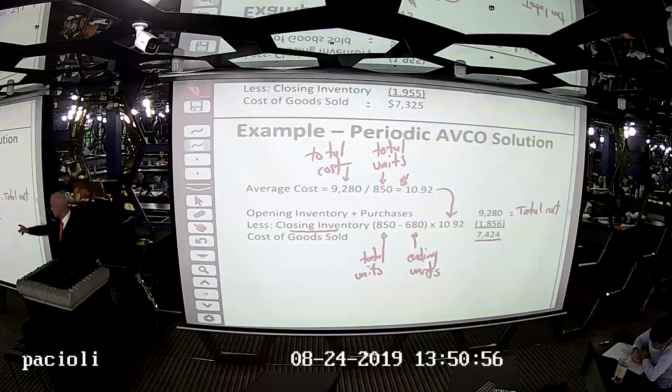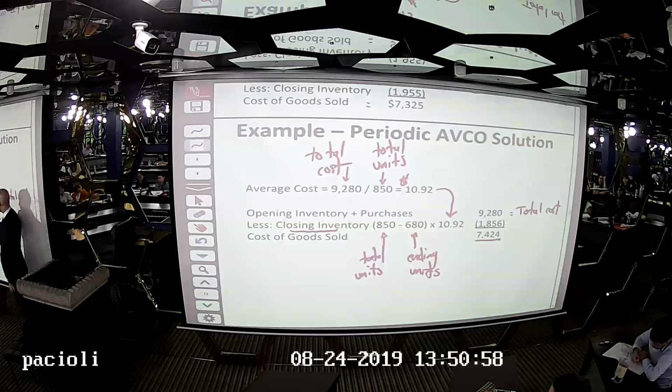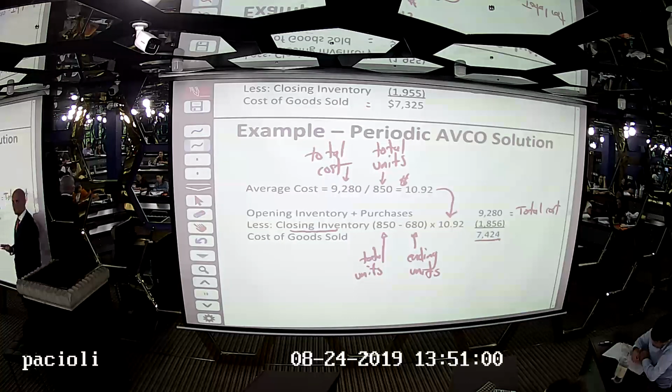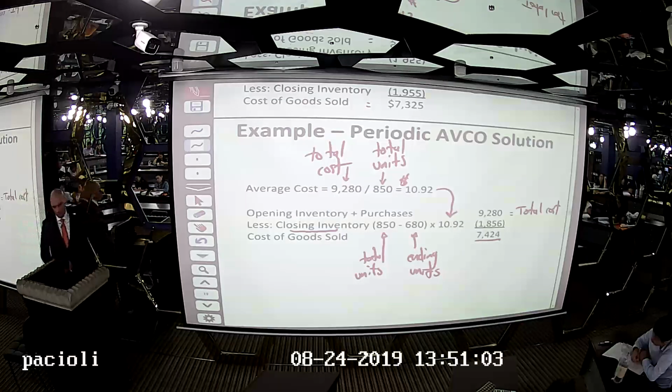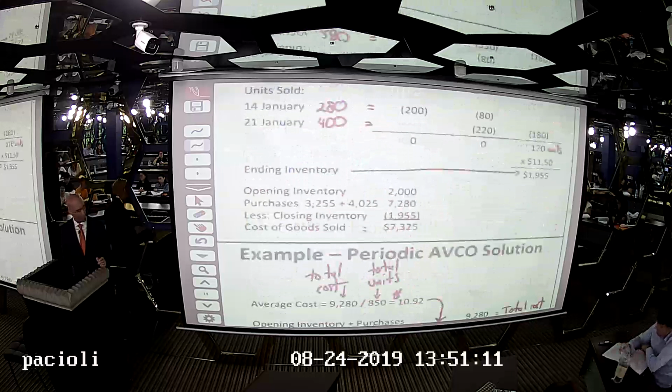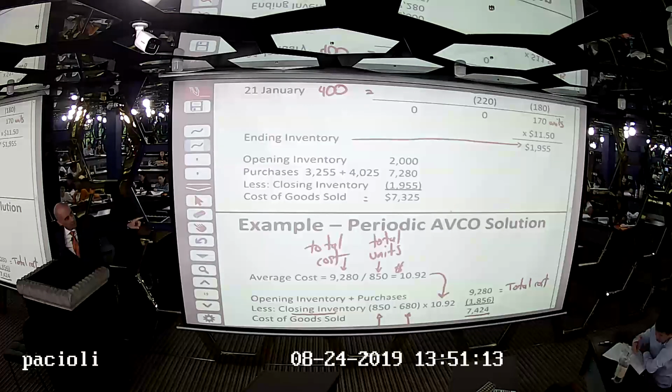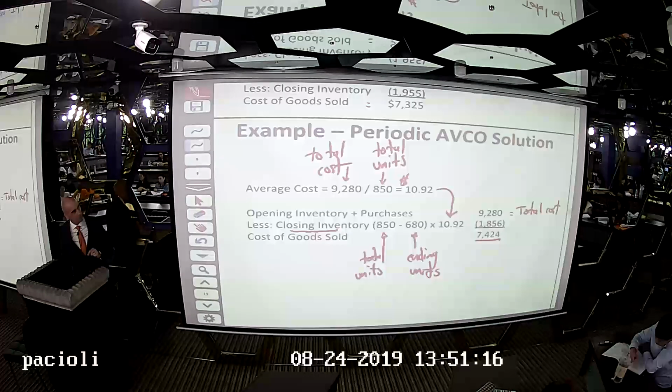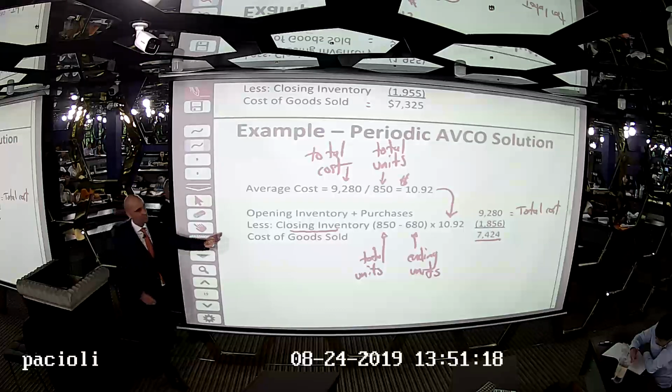The cost of goods sold is 7,424. And in the last example, with FIFO, the cost of goods sold is 7,325. Why is the cost of goods sold more?